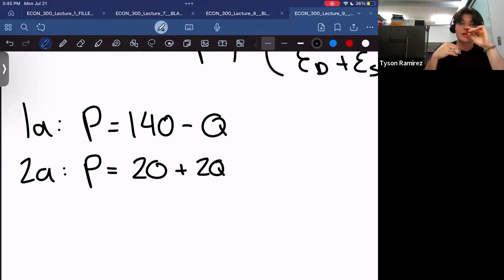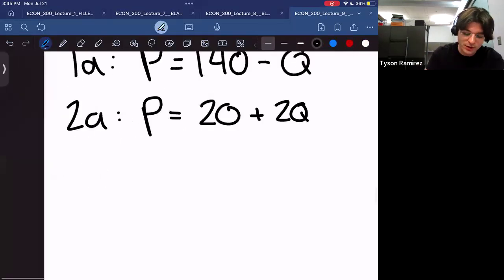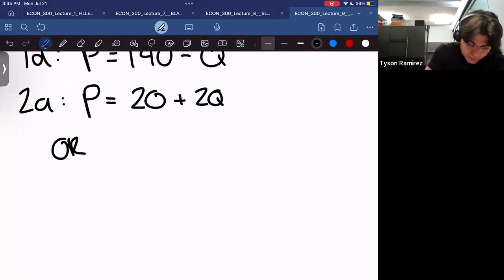If I'm given it the other way, like quantity as a function of price, all this is the inverse. So I have 1B and 2B.